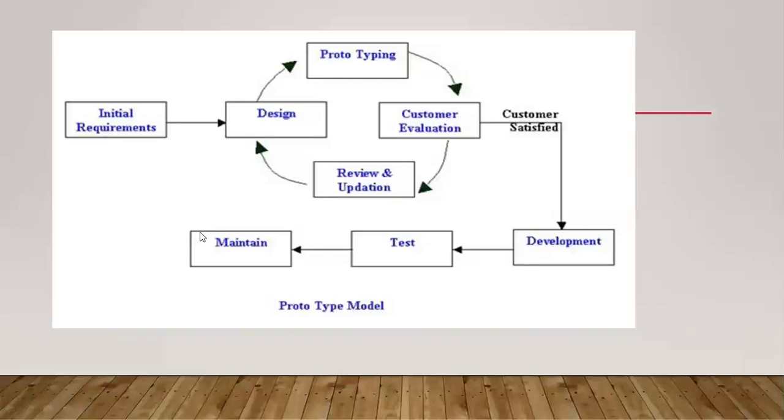Or if we want to make any kind of changes or updations in the project, then the organization people should address such updations. Clear? This is the prototype model diagram.